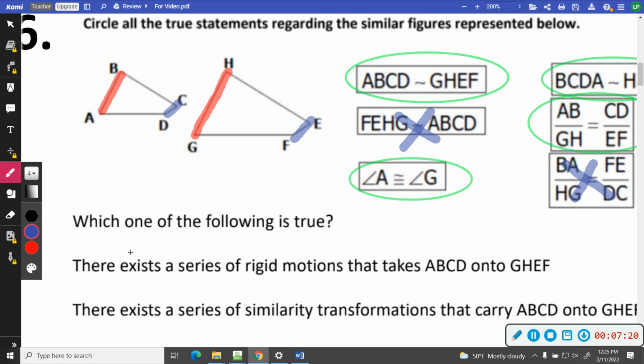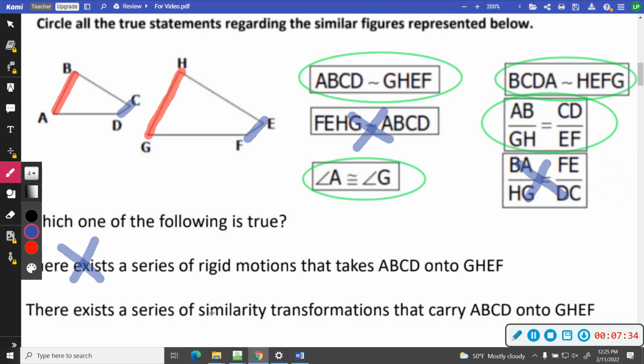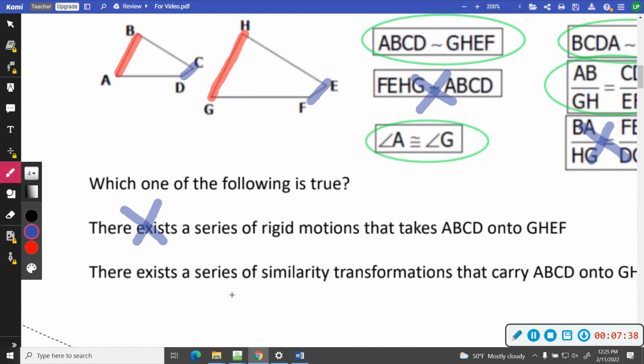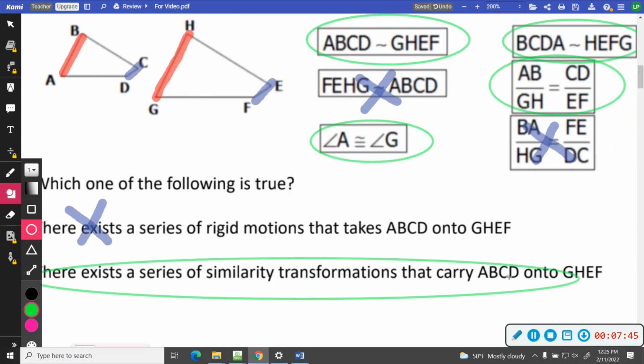That's not true, because notice this actually got bigger. So we can't talk about rigid motions. This would be what we call a dilation. And so there exists a series of similarity transformations that carry the first one onto the last one. Yeah, that would be the true statement, because we had a dilation and the figure got bigger.